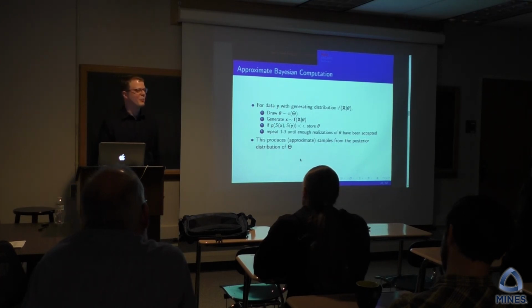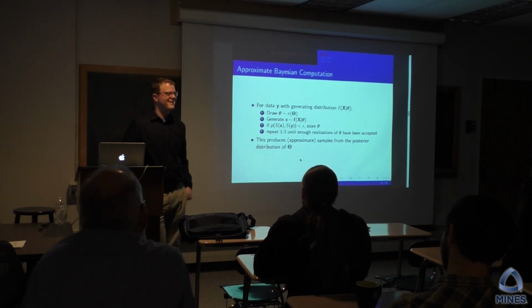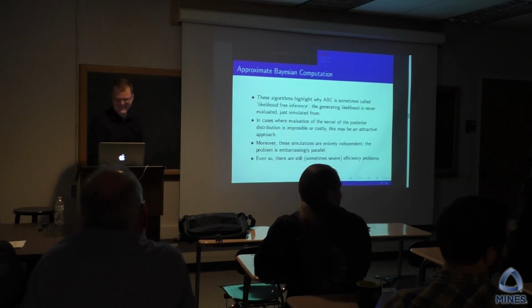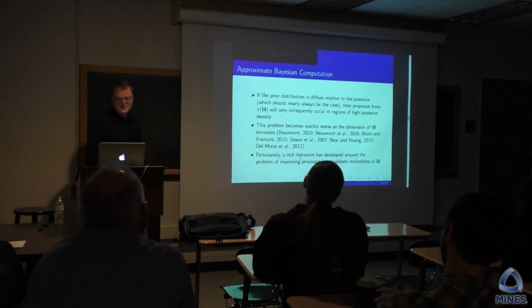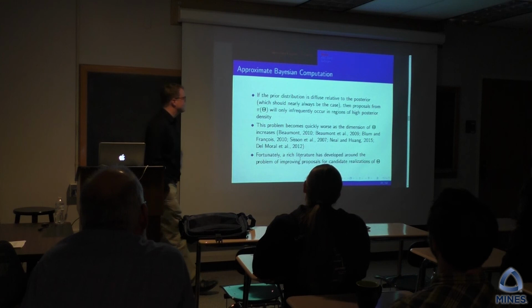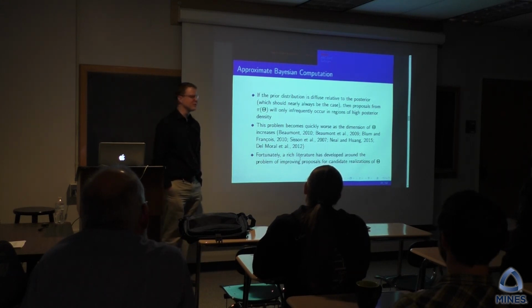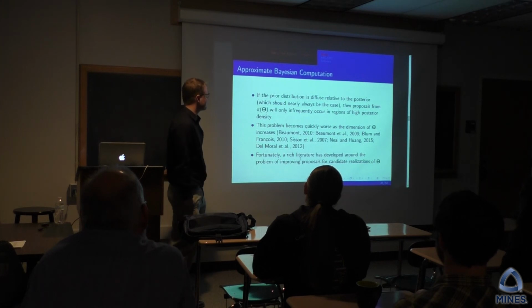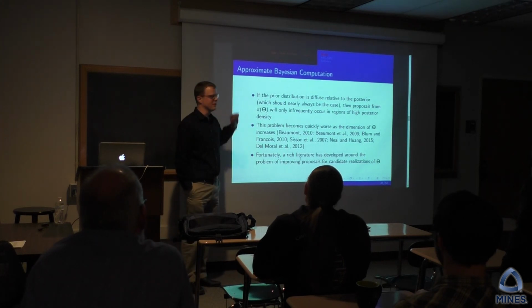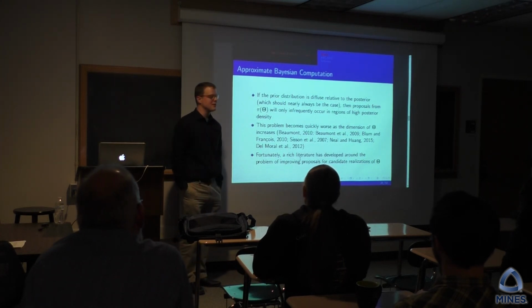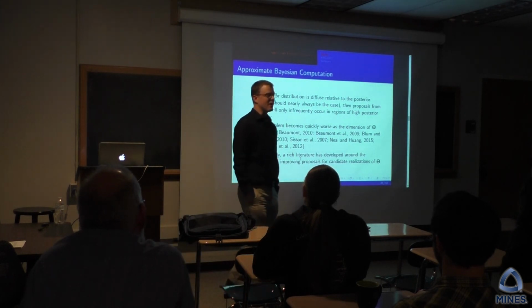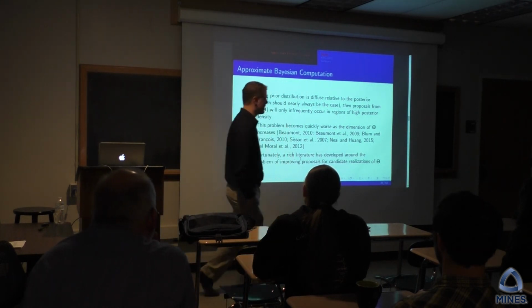Yeah, exactly. But why would you use an improper prior? Well, I know people who do. So, as we were mentioning, if the prior distribution is diffuse relative to the posterior, which I would hope it is, because we hope to learn something from our data, the proposals from high theta will only infrequently occur in those regions of high density, and you can imagine that that's a phenomenon that's going to scale very poorly with dimension.